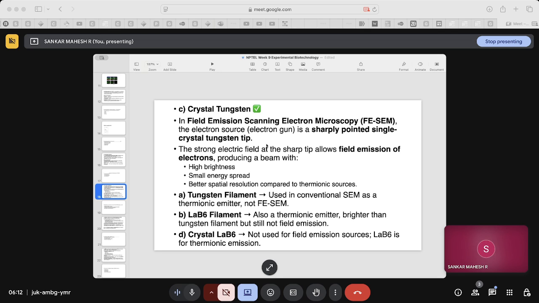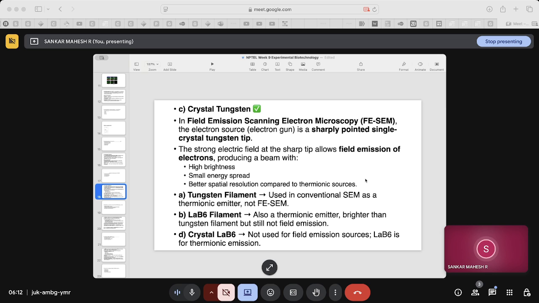Now, because this tip is sharply pointed, the strong electric field that is being applied there allows for field emission of electrons. This means the beam of electrons that we have will have very high brightness, which also means that the spatial resolution that we get here is better compared to thermionic sources.